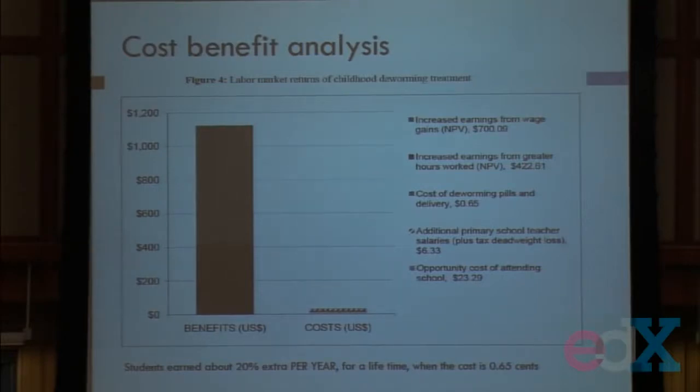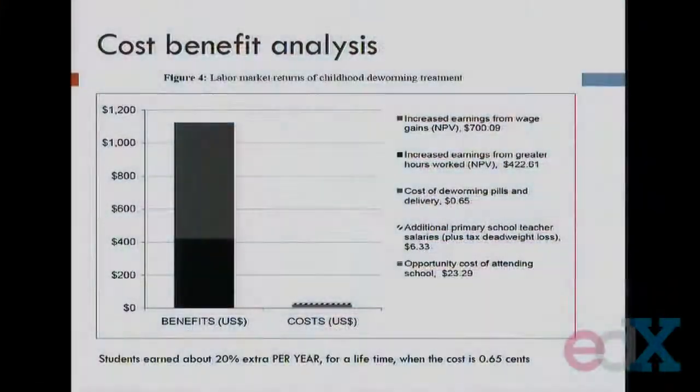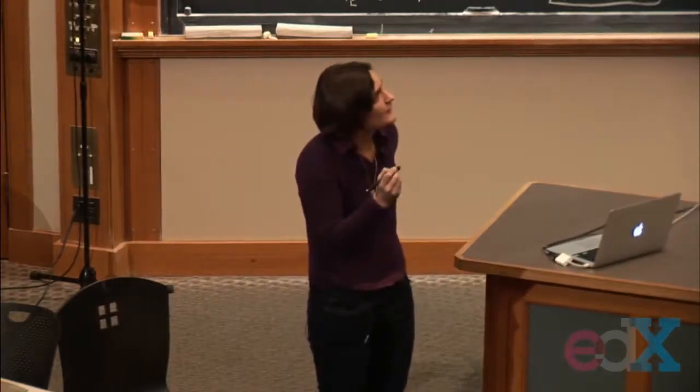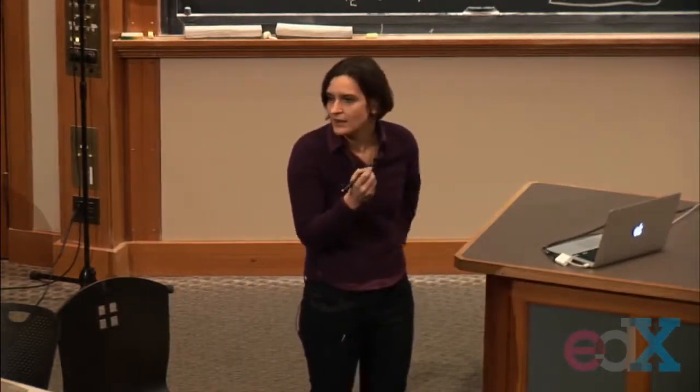Then you have to compute the net present value, because you have to pay the investment today, but you're starting to get the return when you're 20 and then over your lifetime, it's not as valuable. So we are using some discount rate, let's say 5%, and we're computing the net present value of those earnings like we would for the investment in a stock. When you do that, you get over $1,000 increase in your lifetime earnings.